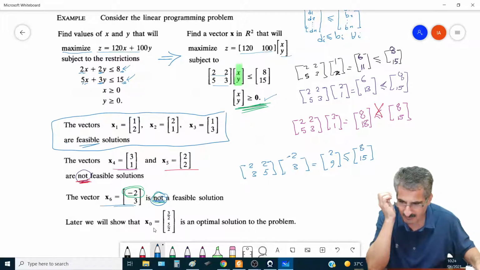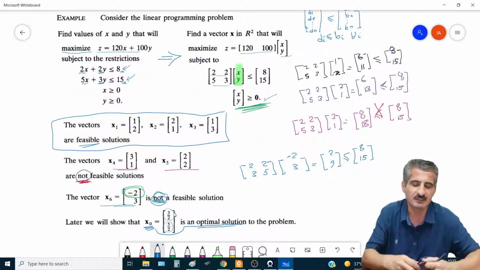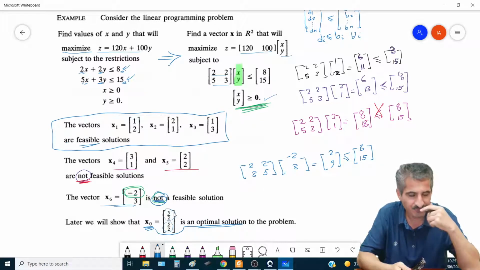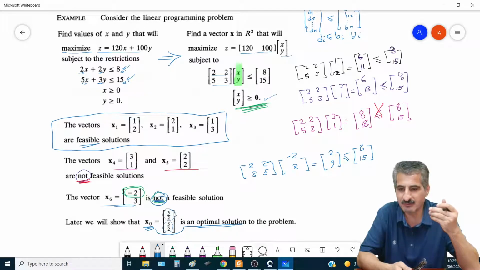But here the book is telling us that this vector here is the optimal solution. It says 3 over 2, 5 over 2. Do you remember what these values mean in our example of the lumber mill? x was referring to the number of 1000 feet of finished grade board.